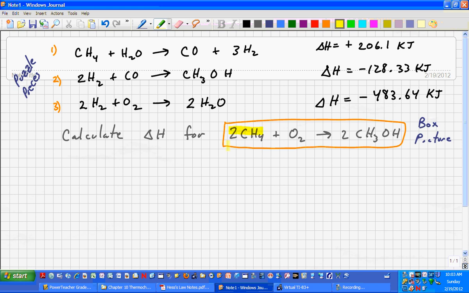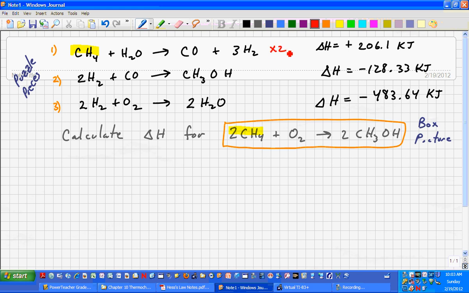What I see right here is I've got CH4, CH4 both on the left side. So this is probably going to be the first puzzle piece I use, but I can't use it as is. It's a match, but it's a close match. I've got a 2 here, I've got a 1 here. So I'm going to take this equation and double it.